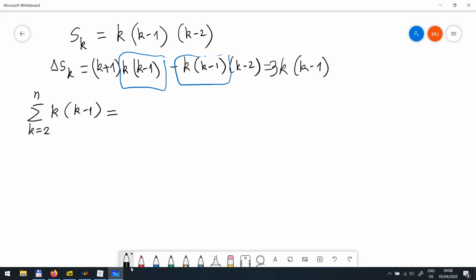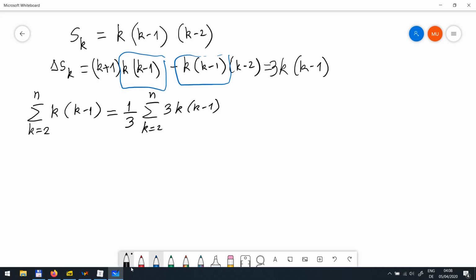So I again divide by 3 and multiply by 3 because I need that 3 there. K equals to n, and I will have 3 times k minus 1.